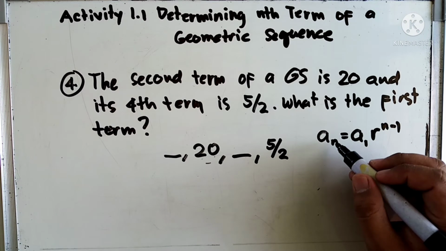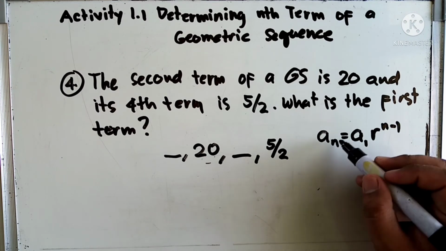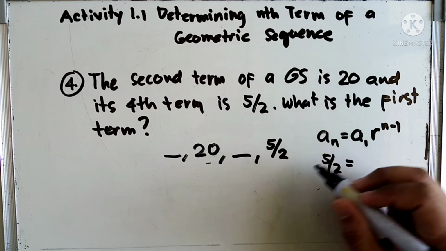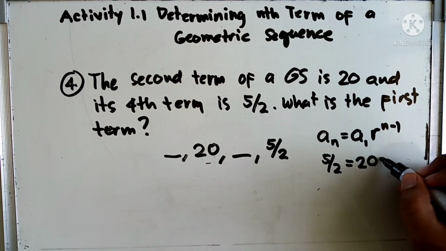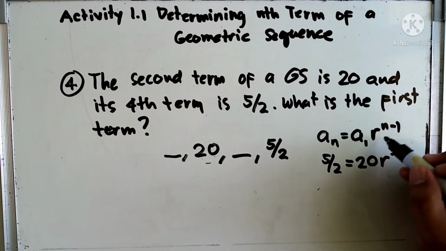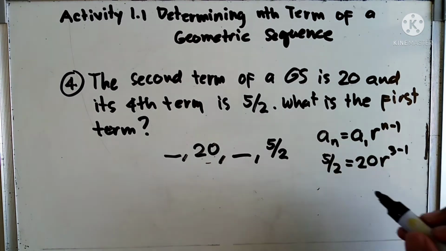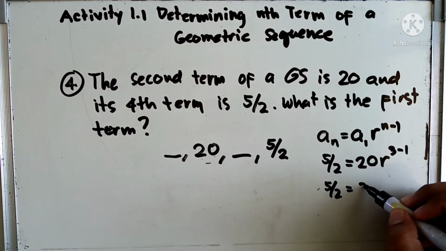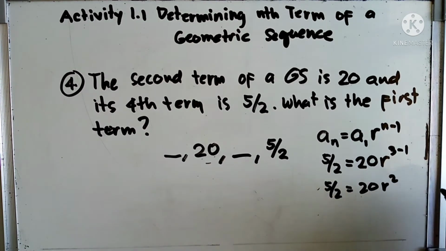So, the third term is 5 over 2. Our first term is 20. We don't know the common ratio. Our n must be 3 kasi third term minus 1. So, we have 5 over 2 equal to 20 r raised to 2.